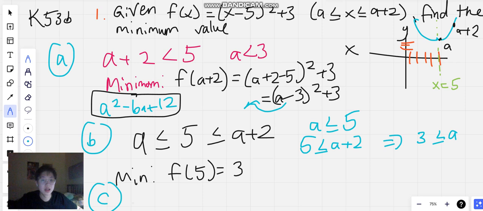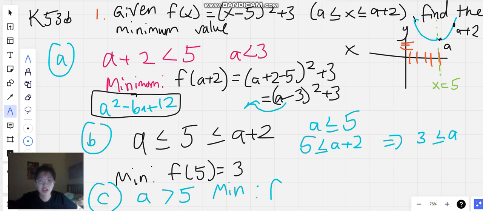So we can say that as long as a is greater than 5, so as long as the left hand side of the interval is past x is equal to 5, we know that the minimum is just always going to be that left hand side of the interval, sorry.